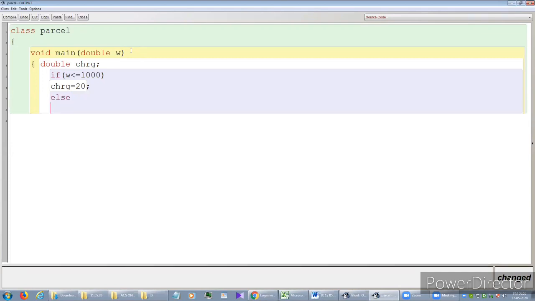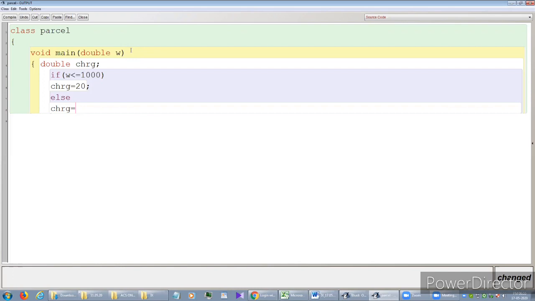this one is the important one. CHRG, charge equal to, that means when it moves on to the else part, when the weight of a parcel is more than 1000 gram. 1000 gram means more than 1 kg. We all know 1 kg equals 1000 gram.